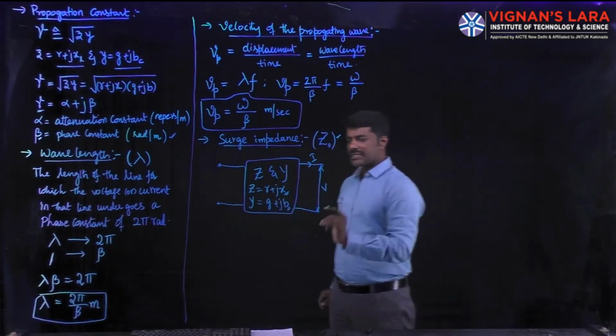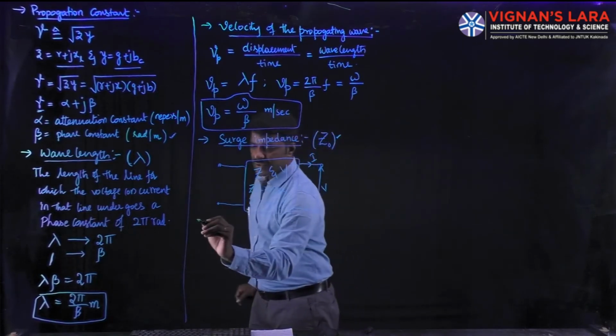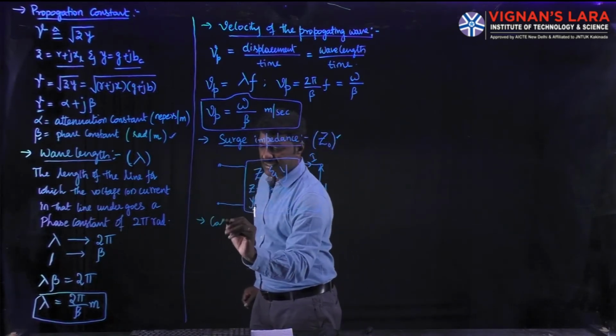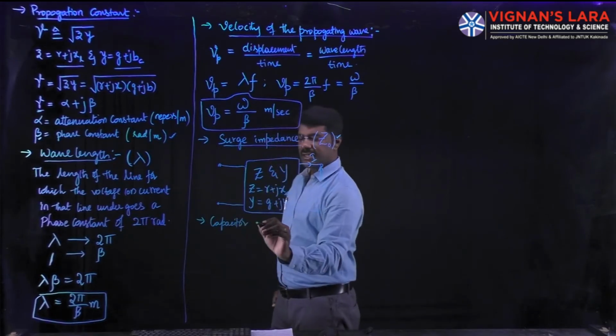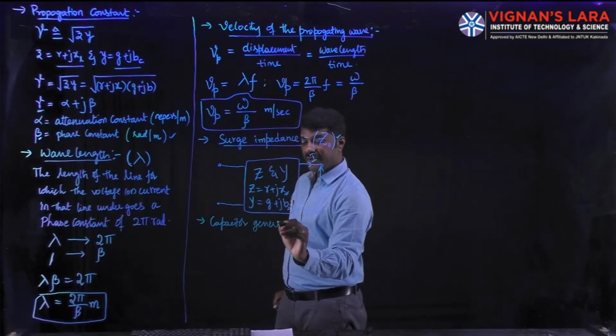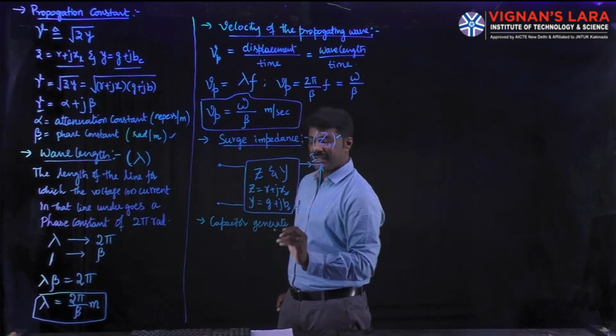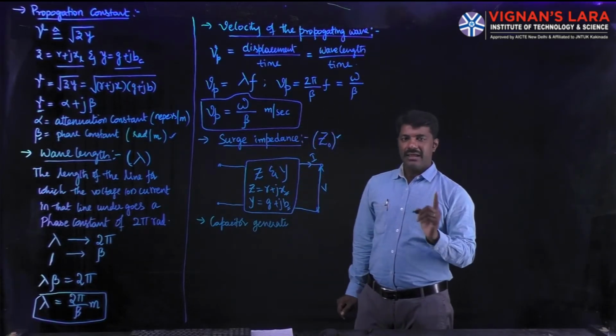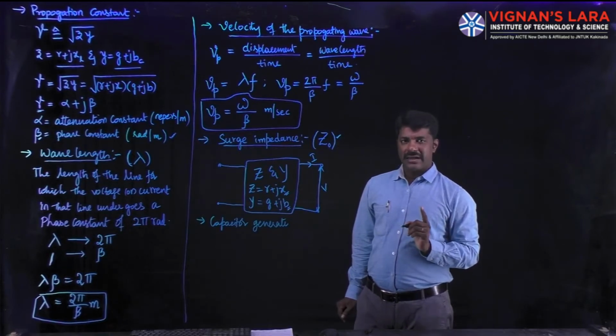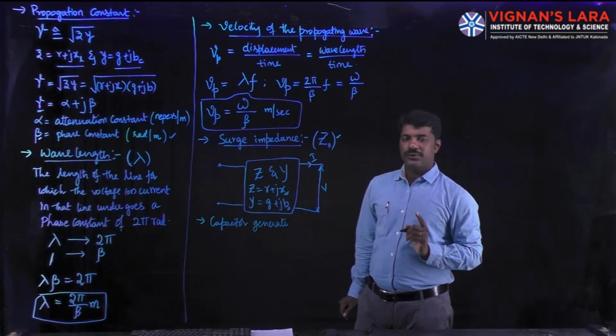Here we have to understand a concept, all these are salient points. The capacitor, if there is a capacitor element, then the capacitor element always generates volt ampere reactive power.